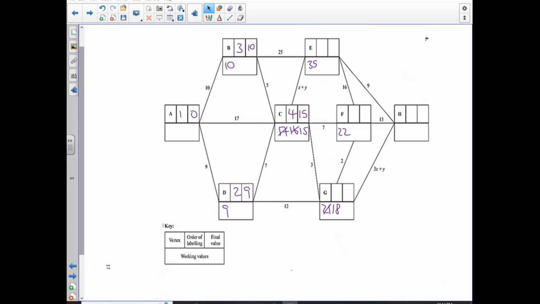Is it less than 35? How do you know? Good. In the question, it tells you that X plus Y is less than 20, which means it must be less than 35. So we've got 15 plus X plus Y.